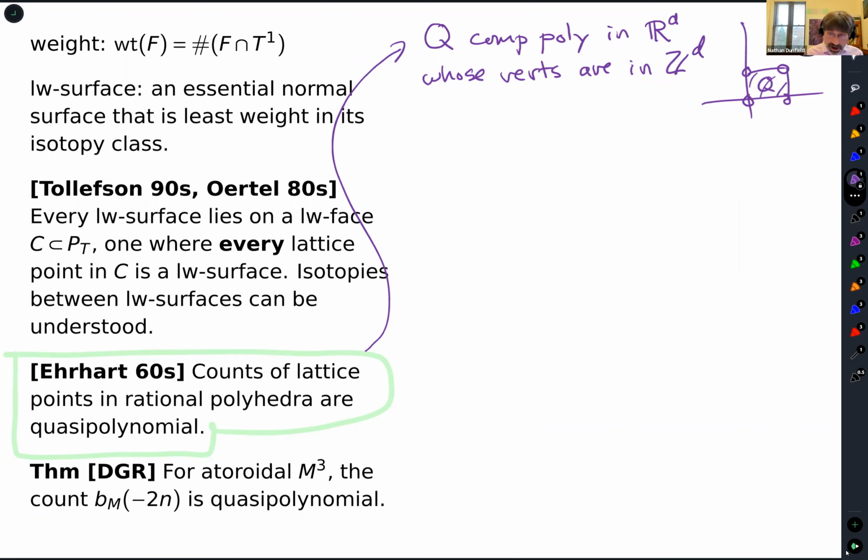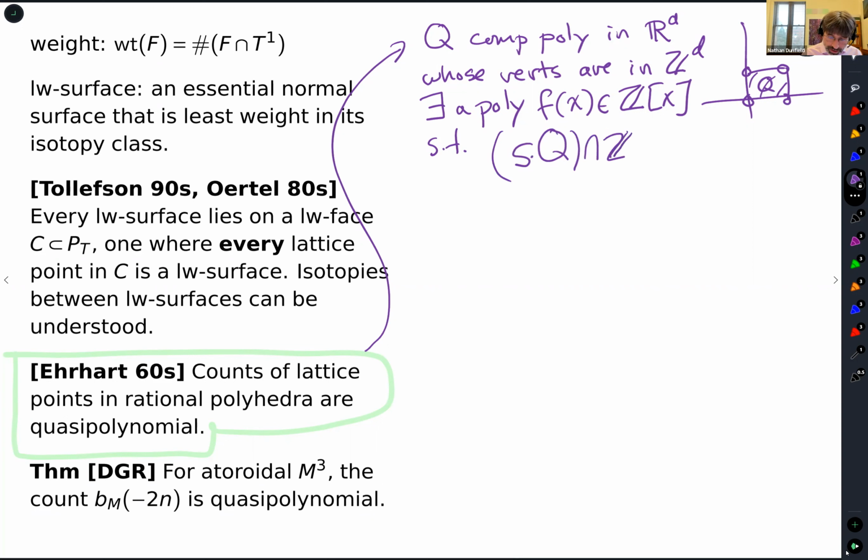Then what Ehrhart shows is that there exists a polynomial, an honest polynomial, not a quasi-polynomial, with integral coefficients, such that if we take our polyhedron Q and dilate it by a factor of S, where S is some integer, then the number of lattice points in it is equal to F of S.